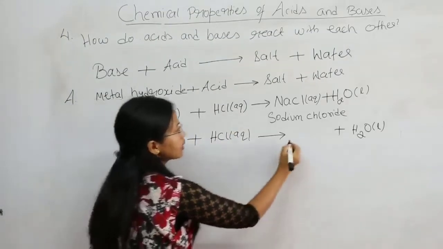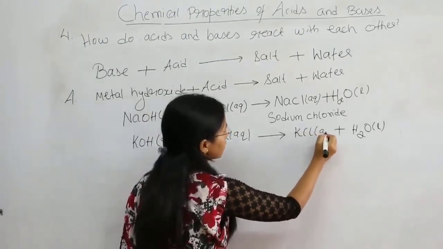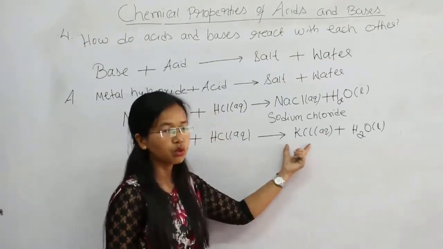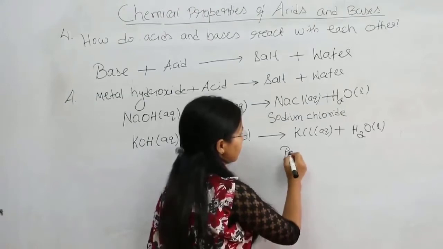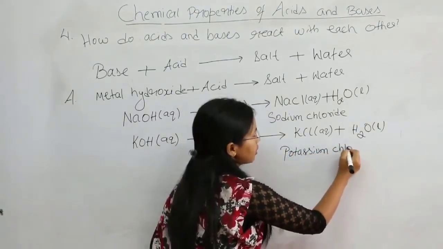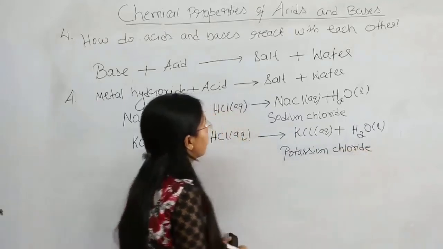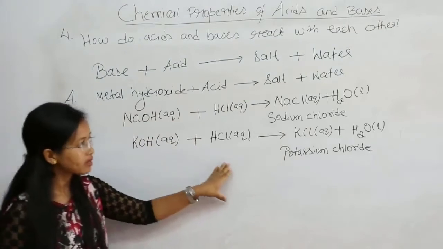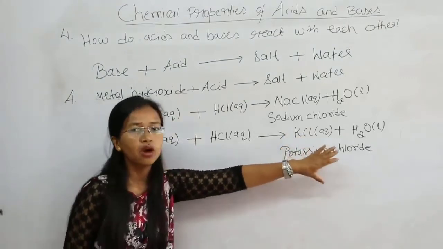Then we are left with KCl. This salt is known as potassium chloride. So this is the reaction of metal hydroxide with an acid. You will get salt and water.